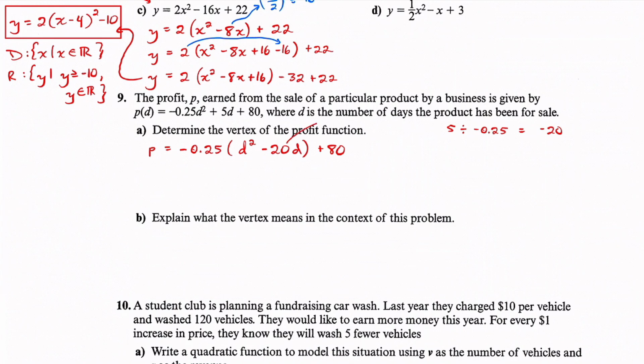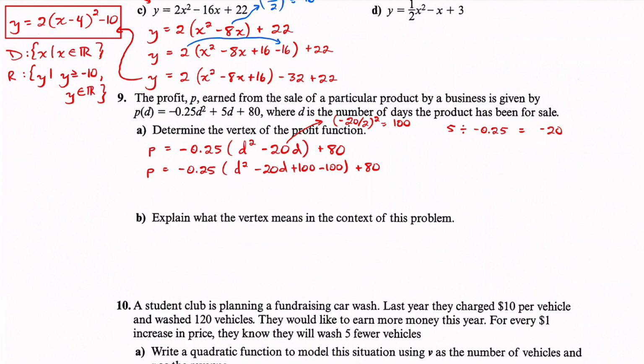Okay, then I take this middle number, I'm going to take that and divide by 2 and then square it, and that's going to give me 100. So negative 0.25 d squared minus 20d plus 100 minus 100 and then plus 80 on the outside.